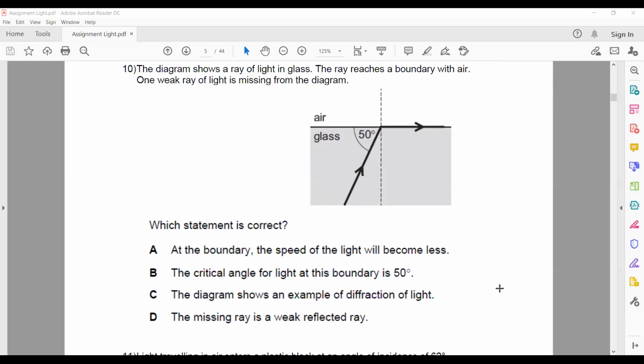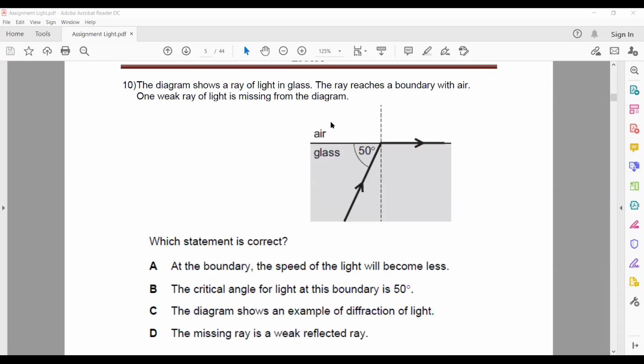D is the right answer, because as you can see, the angle of refraction is 90. If the angle of refraction is 90, the angle of incidence is known as the critical angle. But at the boundary the speed of light becomes less. That's wrong. The speed of light becomes more, because light travels faster in air as compared to glass.